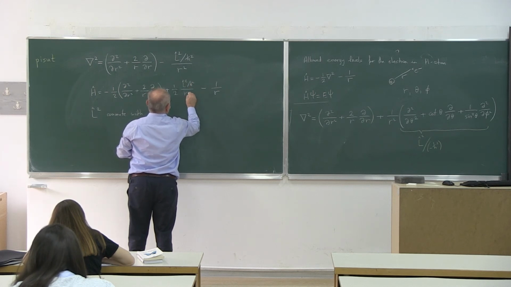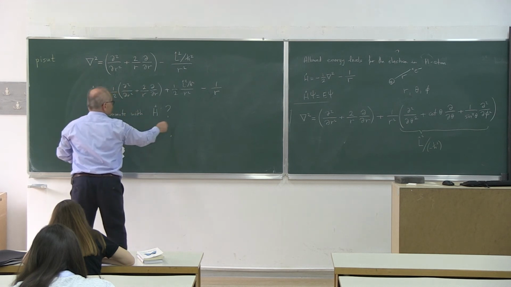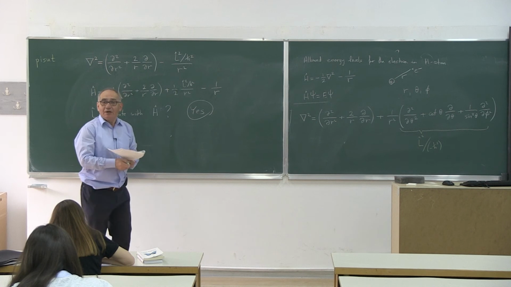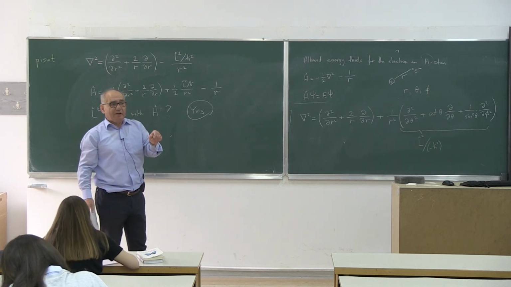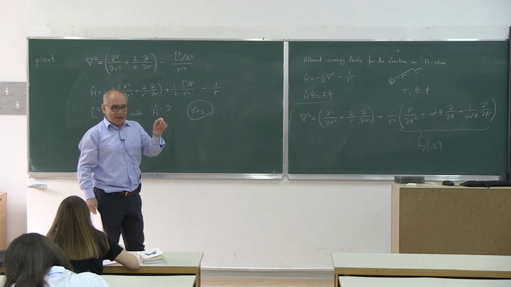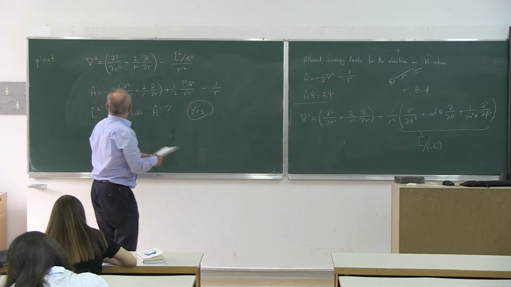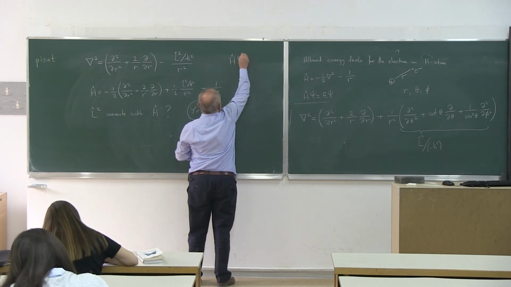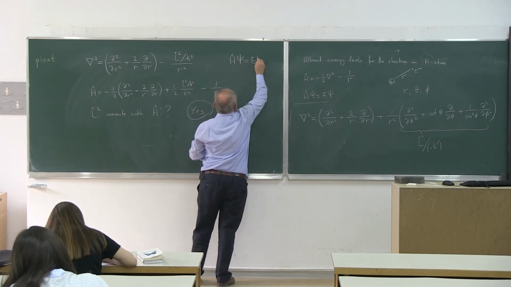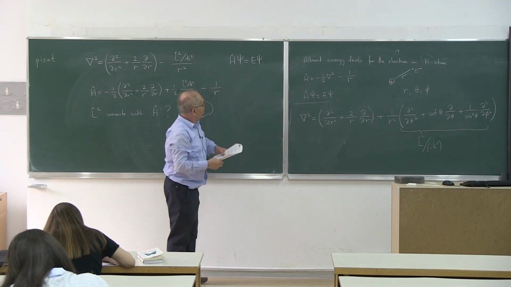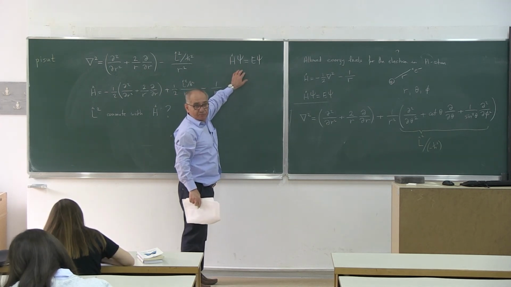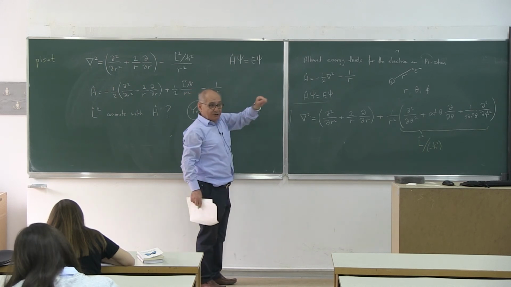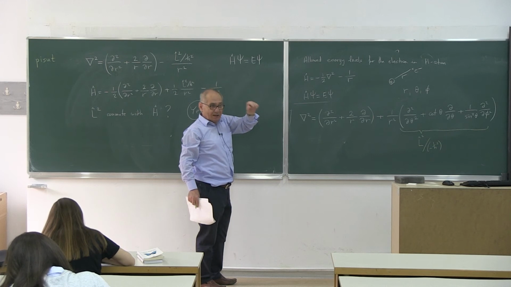Okay, so our final conclusion is that L square commutes with the Hamiltonian. Therefore, this is the Schrödinger equation, which will give us the energies and also the state functions of the electron.